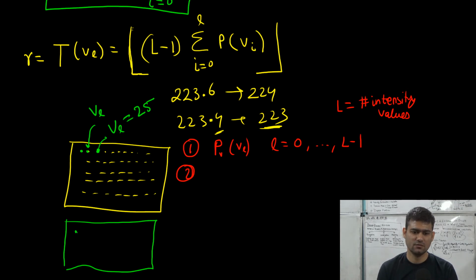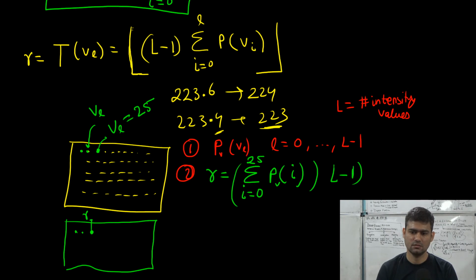Then the resulting pixel value R in the image is simply the sum over all i equal to 0 to 25 of P of i, times L minus 1, and we round it to the nearest integer.